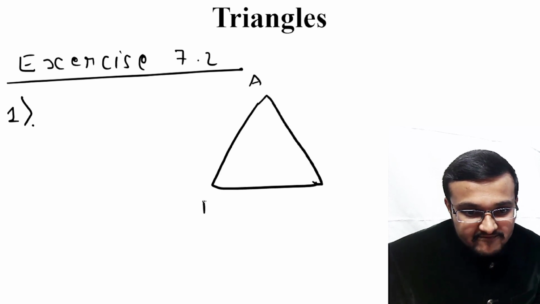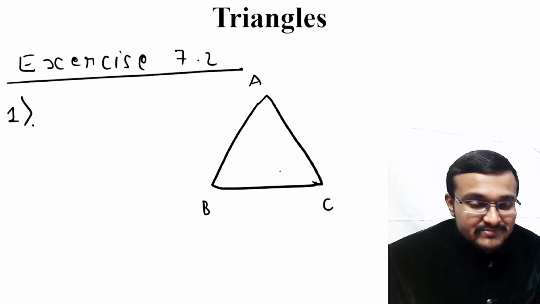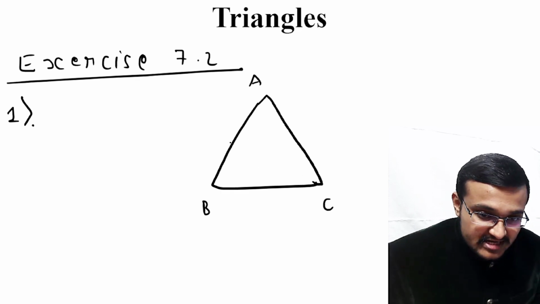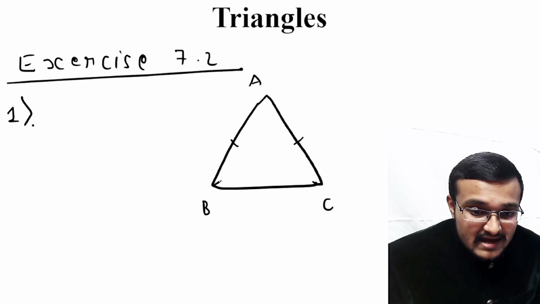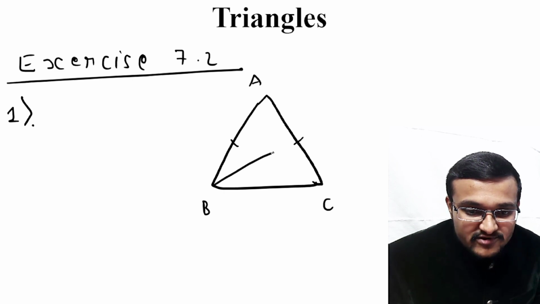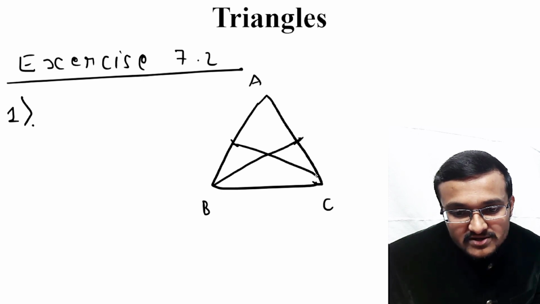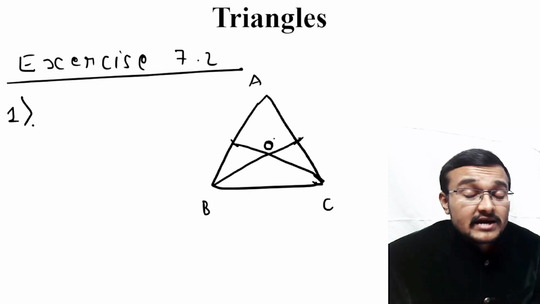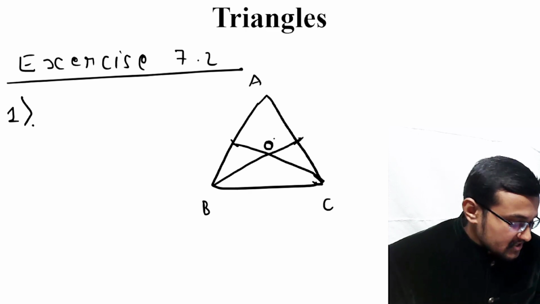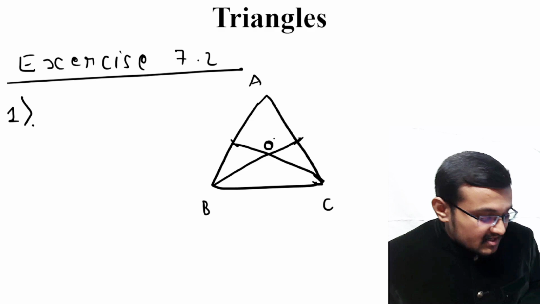That means AB will be equal to AC. And there is an angle bisector for angle B, and also an angle bisector for angle C, and these two angle bisectors are meeting at point O. That is what they have given here.